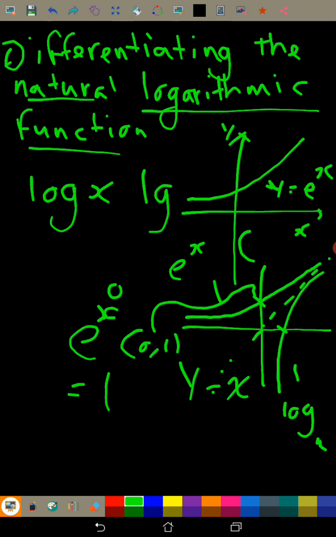And here it's going to be the inverse, so it's going to be 1, 0. So it means that log of 1 should be 0 then. Log of 1 should be 0. Okay, that's an introduction to logarithmic function.